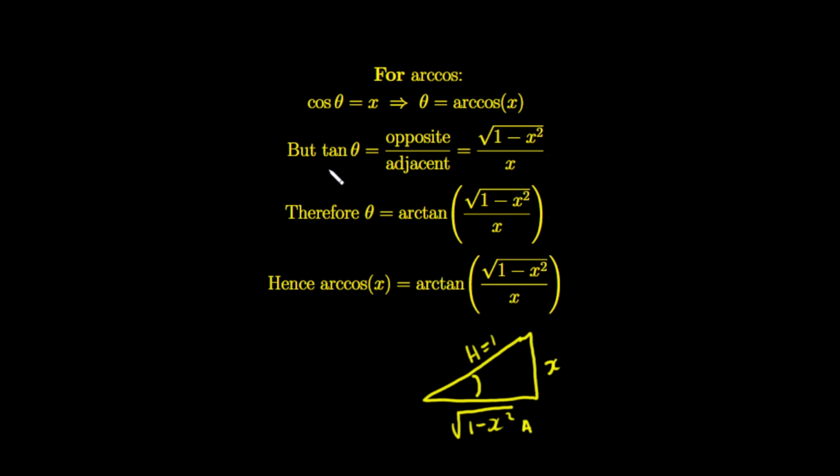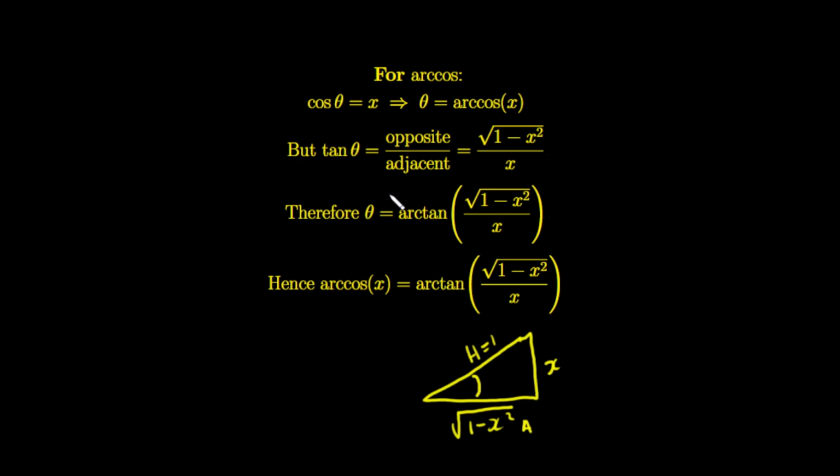Now, as we've seen previously, the tan of an angle is the opposite over the adjacent, which is the root of 1 minus x squared all upon x. So therefore we can work out theta from the arctan of the root of 1 minus x squared all upon x.